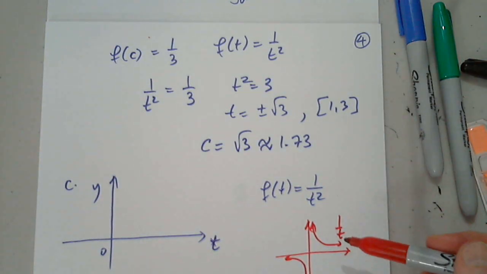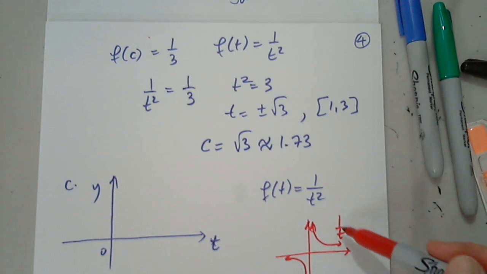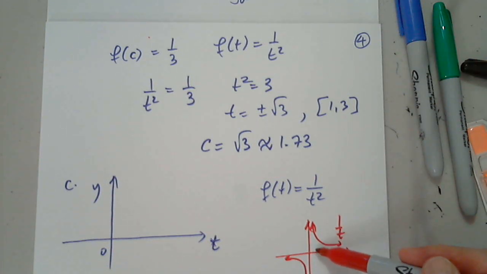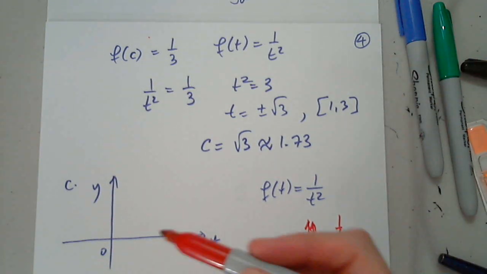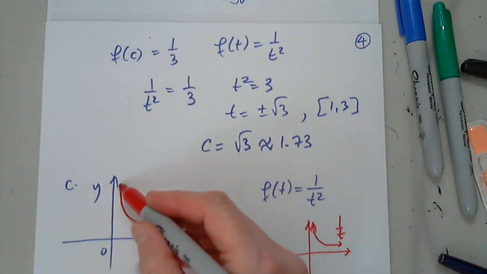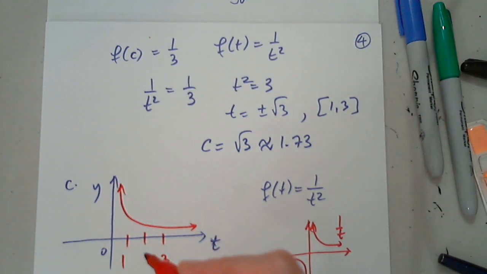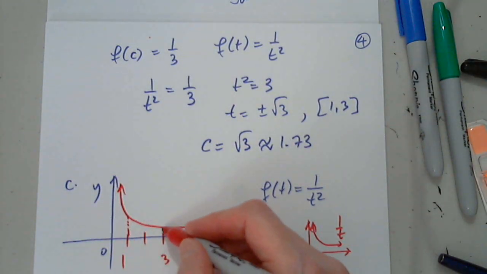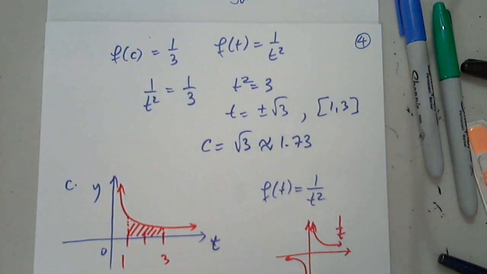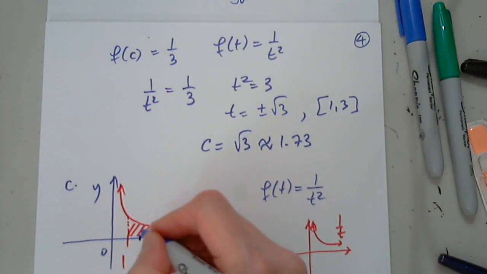Well, for 1 over t squared, all those numbers are a little bit smaller because of t squared, from 0 to infinity. So the shape is identical. No question there. So 1, 2, 3. This is between 1 and 3. This is the area under the graph. And our square root of 3 is at 1.73, somewhere here.